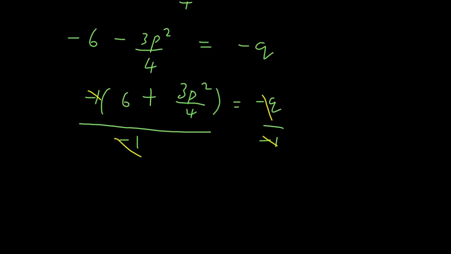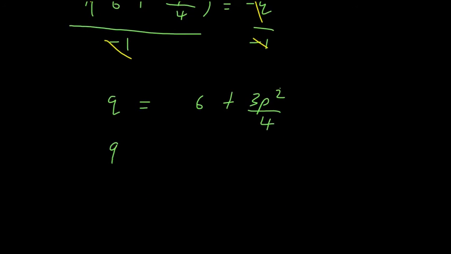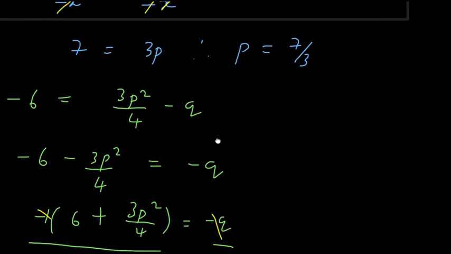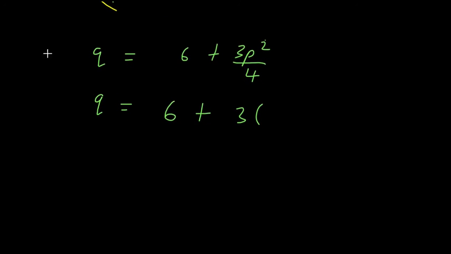Now we have q, which is the same as 6 plus 3p squared over 4, and our q is 6 plus 3 times p, we found p to be 7 over 3, so we have 7 over 3 squared over 4.